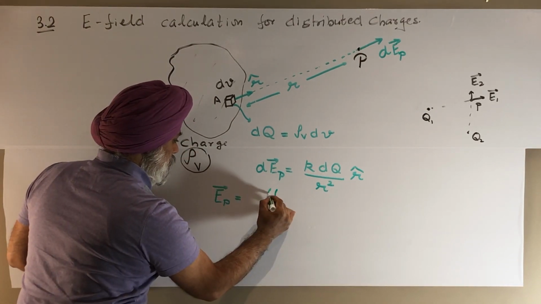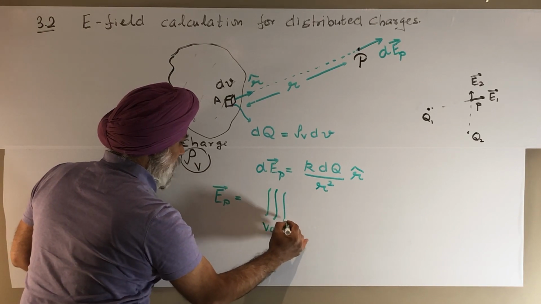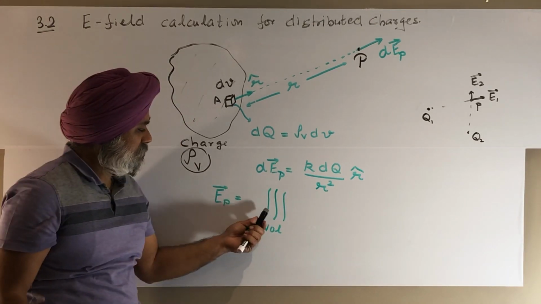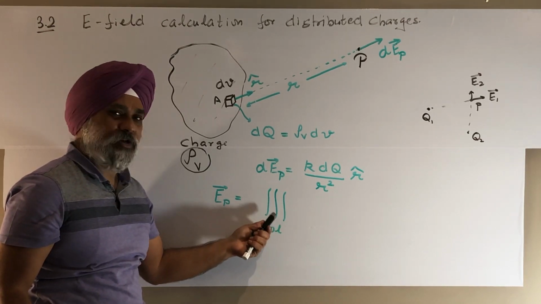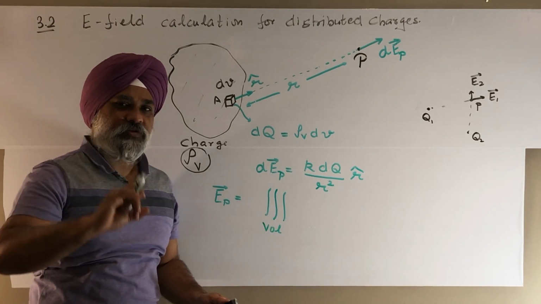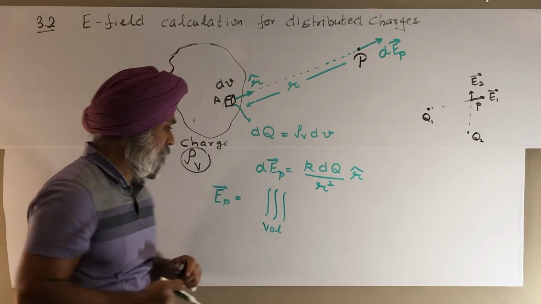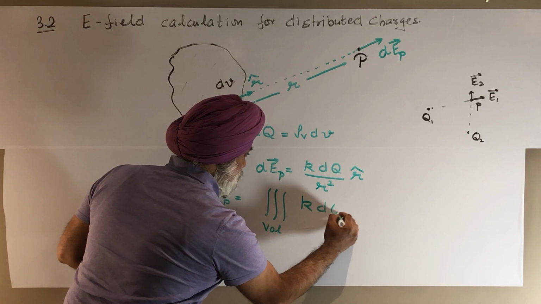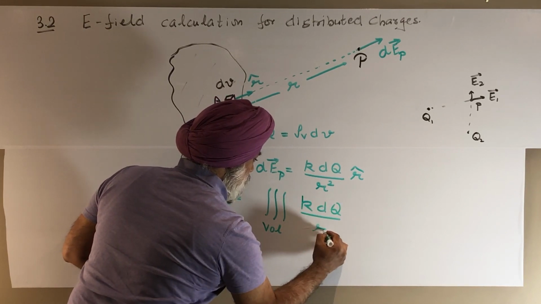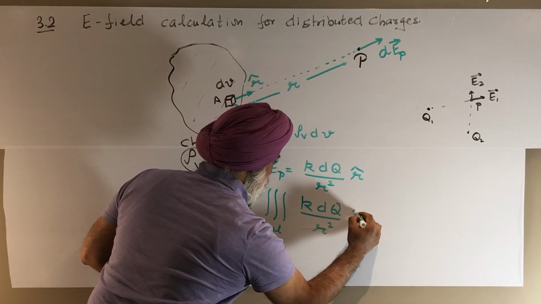And if you want to remind yourselves, volume is defined by 3 dimensions. So if you want, you can put 3 integrals just to remind yourselves that there would be 3 dimensions to define this volume. And the value would be k dq / r² r hat.